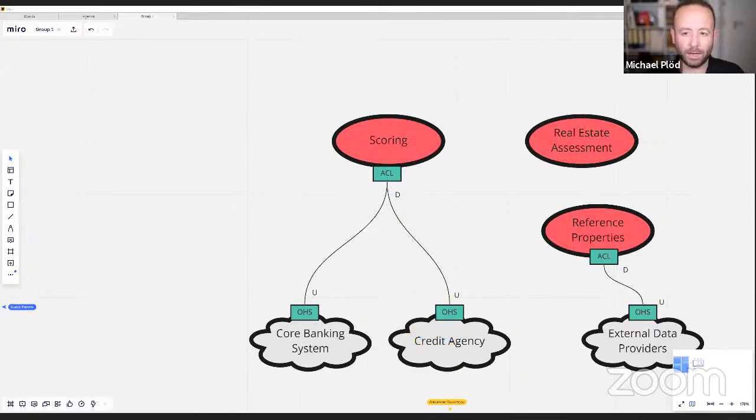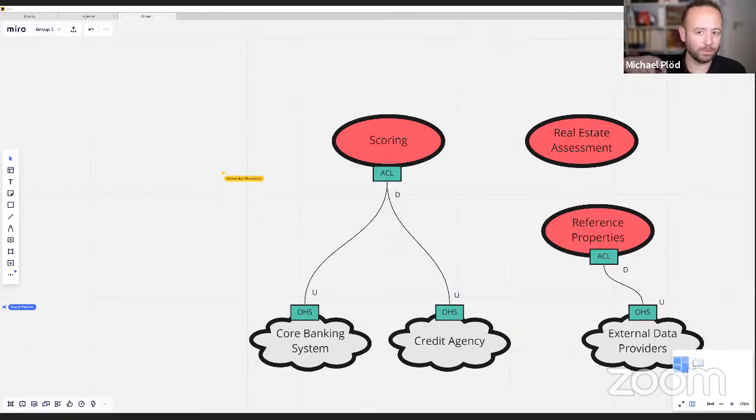And usually when I explain those patterns to folks who didn't have a lot of exposure to context mapping, I say, if we look at the propagation of models between bounded contexts, we address that with the anti-corruption layer or with the conformist.